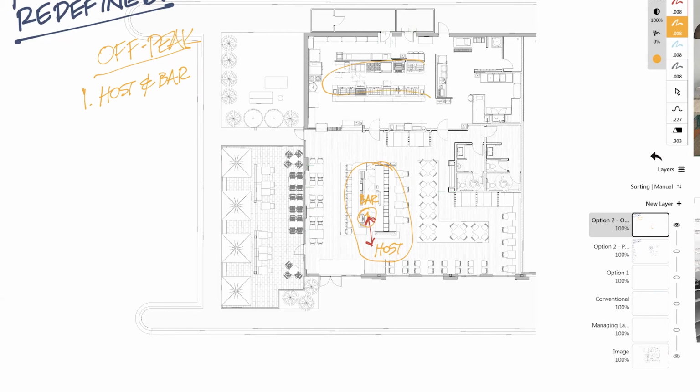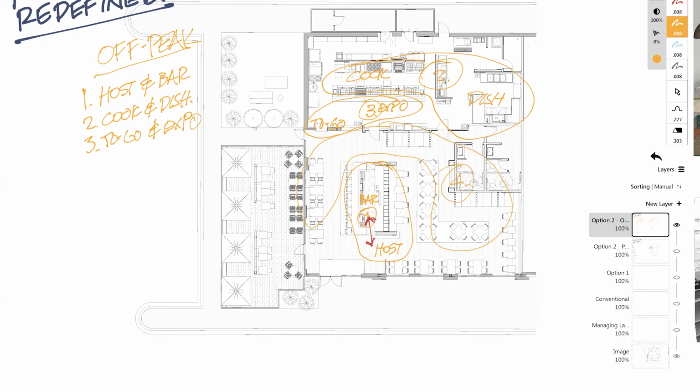Our second labor station is now a combination of cook and dish. Our third labor station is a combination of to-go and expo. And of course, our fourth labor station is dining. So off-peak, we have a total of 4 labor stations.